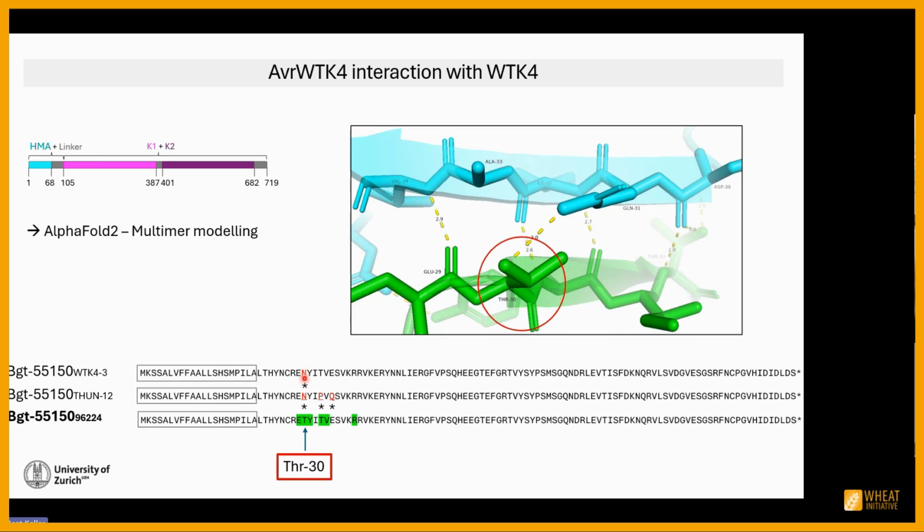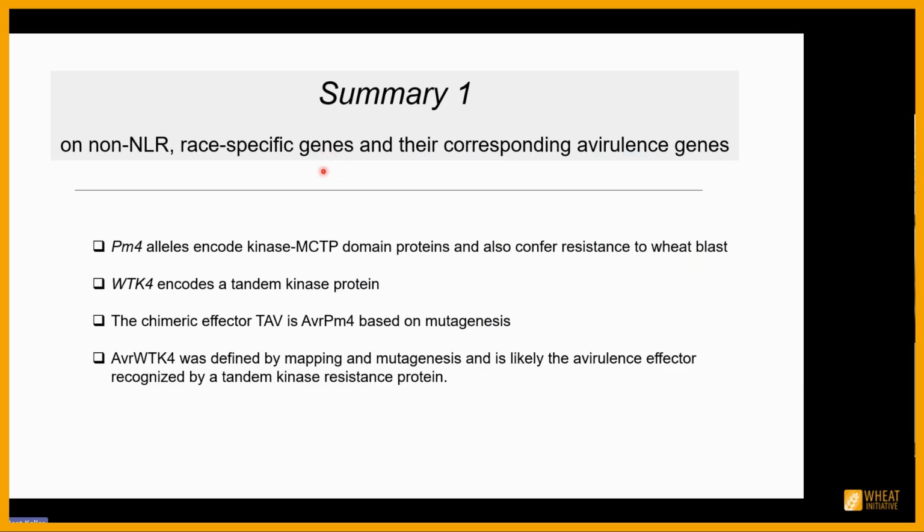This results in gain of virulence. And then also a natural variant in the isolate 2 and 12 has this same mutation. So that gives us really good confidence that this protein from mildew is the protein recognized by the tandem kinase in the resistance interaction. So with this, I want to conclude.